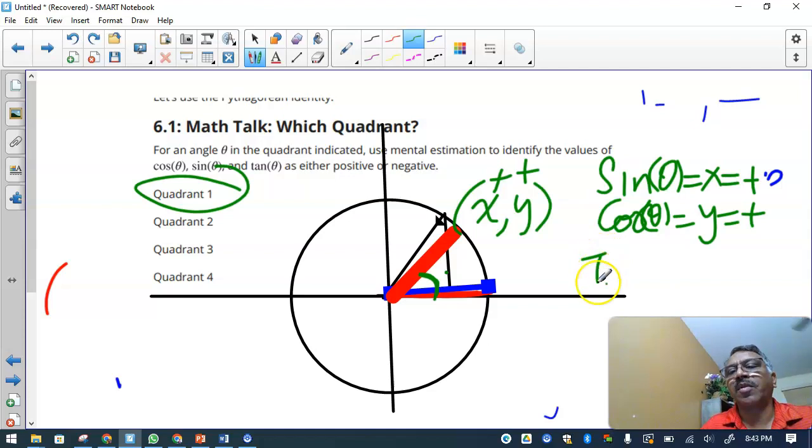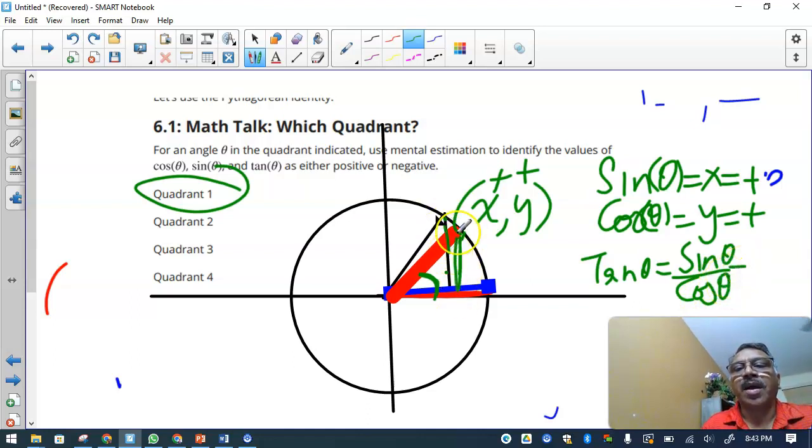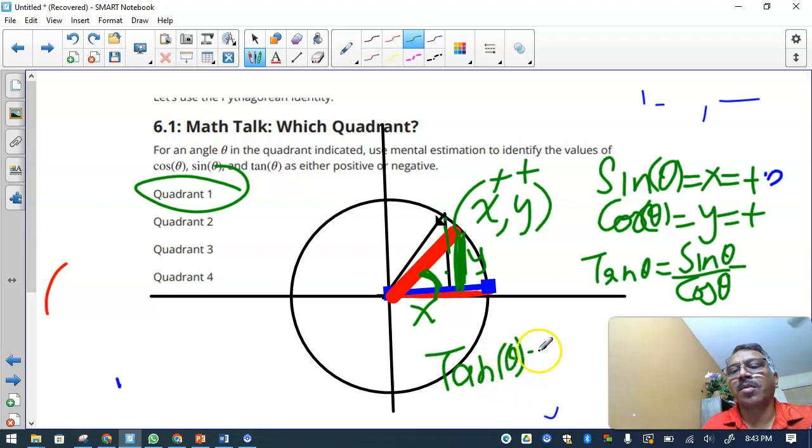And what does tan mean? Tan is sine theta over cosine theta. How did we get this? Remember, this is x and that is y. If this is theta, tan by SOHCAHTOA is opposite over adjacent.